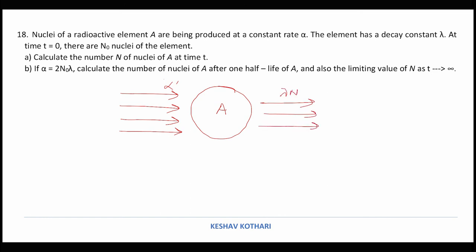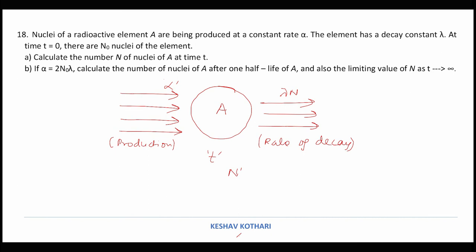So over here we are talking about the production of this radioactive nucleus, and over here we are talking about the rate of decay. So rate of production and rate of decay are discussed. Now at a time t, n is the number of the radioactive material.